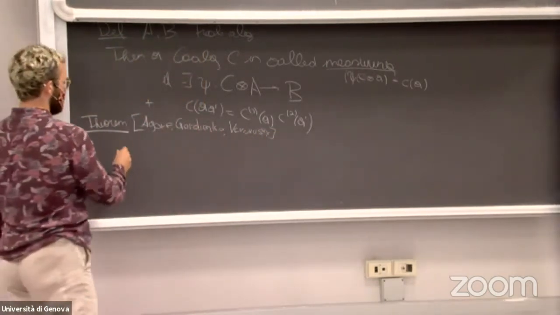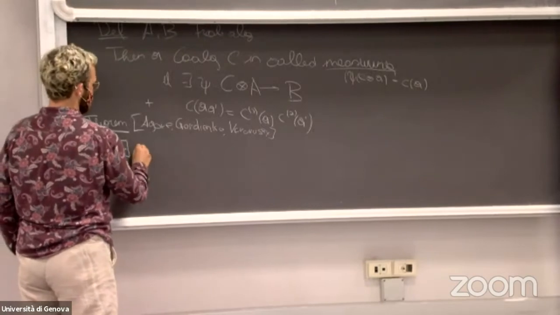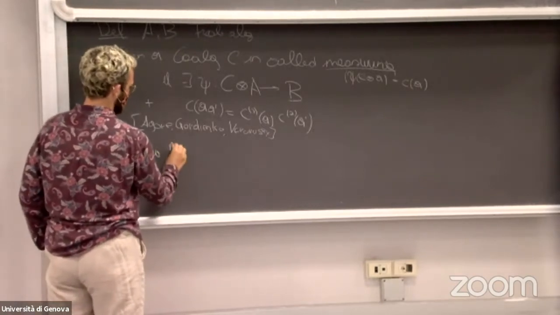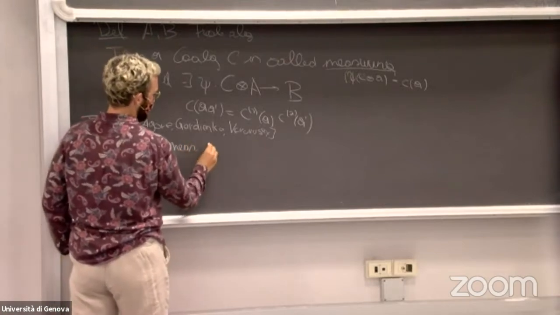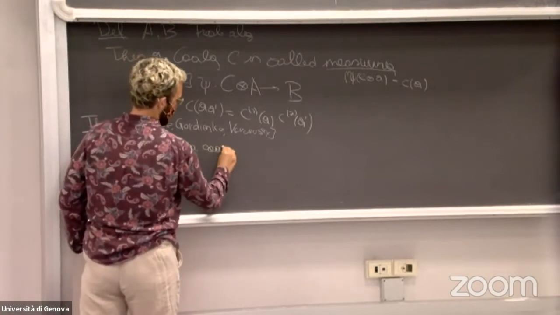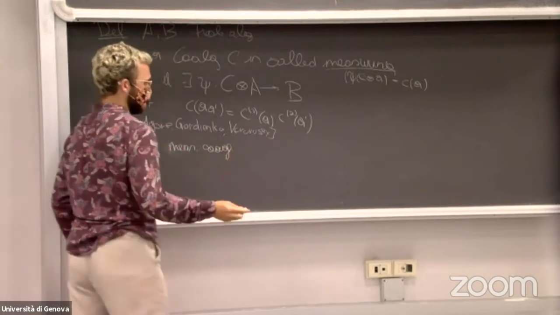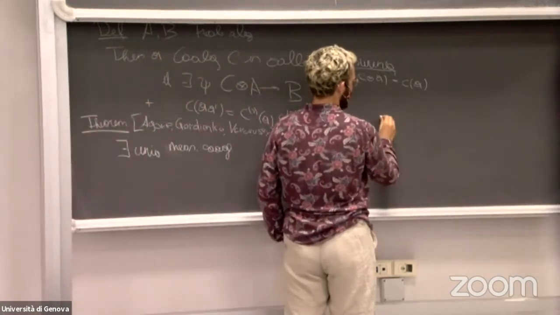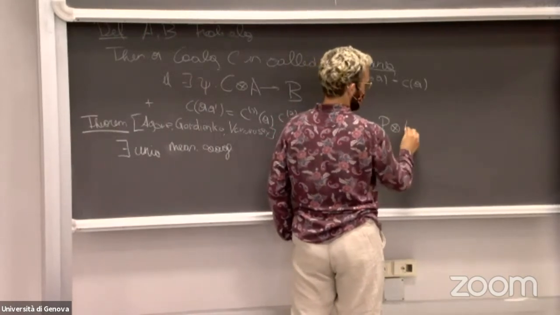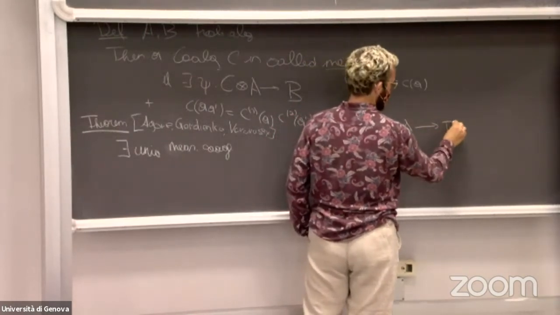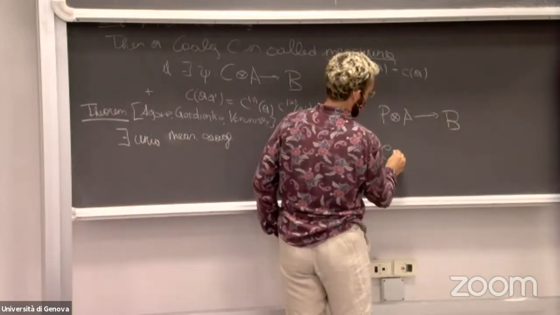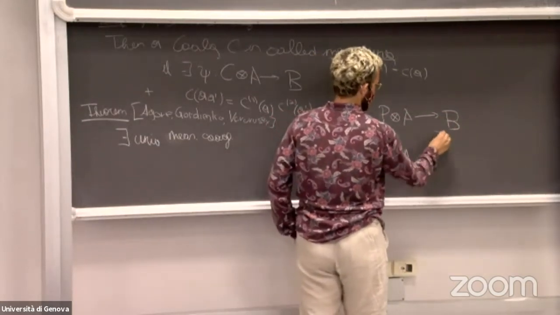And it states that there is a universal measuring coalgebra. And universal in which sense? If I have any coalgebra, let's call it P, and I can measure from A to B, then I have the universal one, and this always factors.